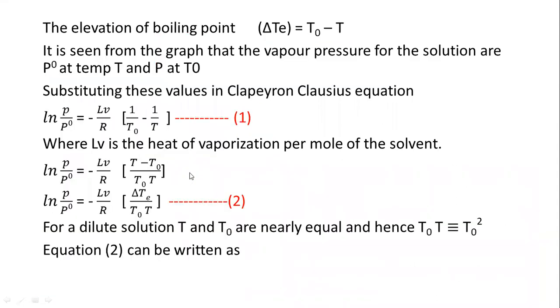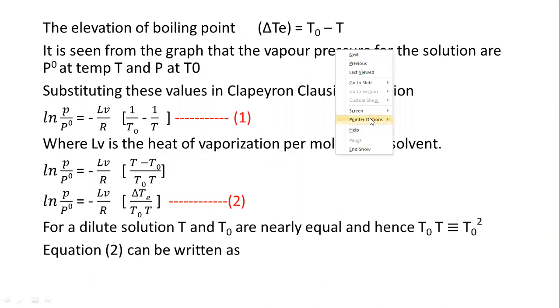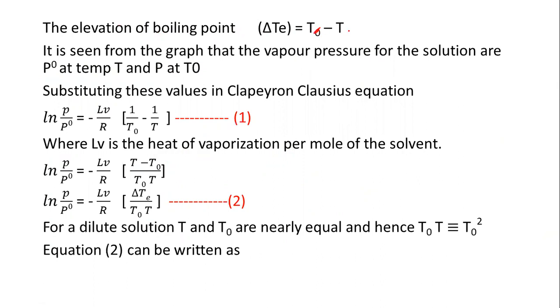Now let us derive it. The elevation of boiling point delta TE is equal to T minus T0.